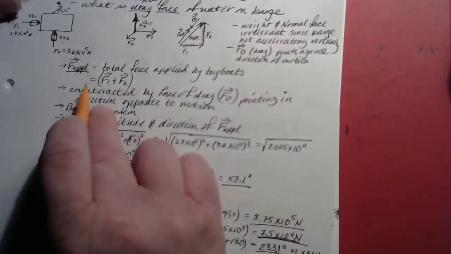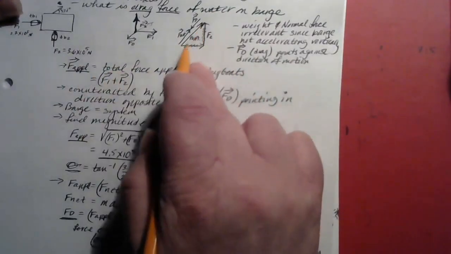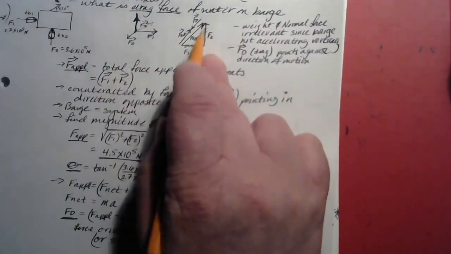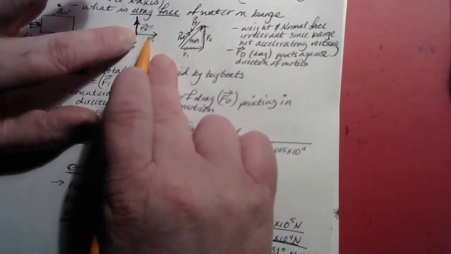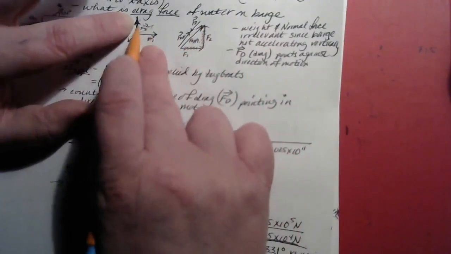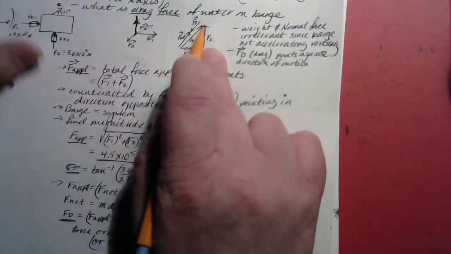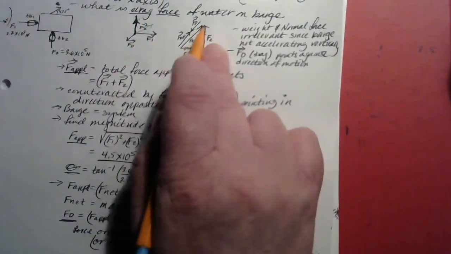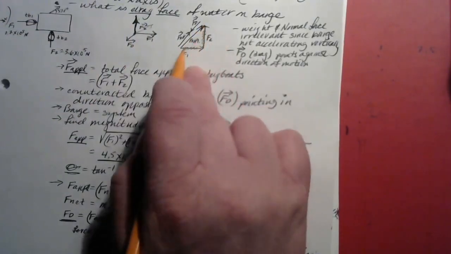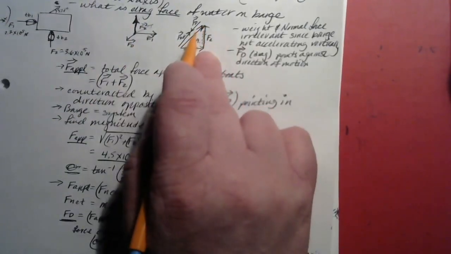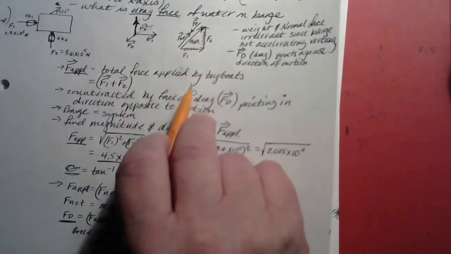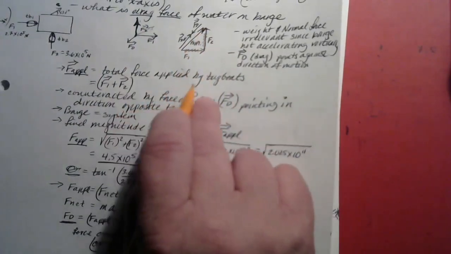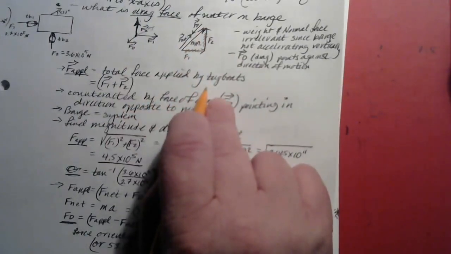We can look at this as a right triangle because we've got F1 in the x direction and F2 in the y direction, and the resultant force of F1 and F2 can be thought of as F applied. That is the amount of force actually applied by the tugboats.